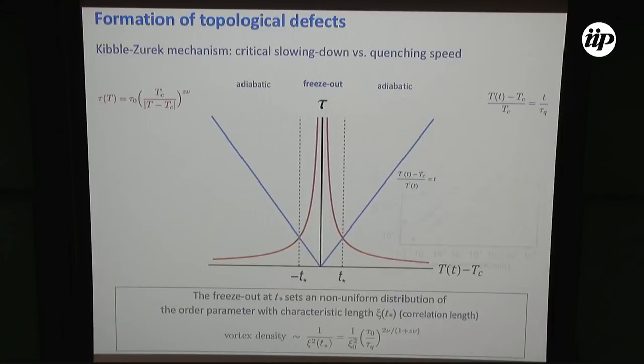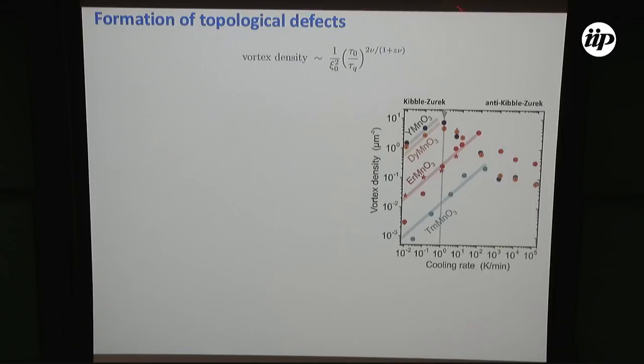Then what we expect is a scaling law according to this formula, in which we have the critical exponents nu for the correlation length and z for the dynamical critical exponent, and tau is related to the cooling rate. Tau naught and xi naught are microscopic parameters. So this can explain this type of scaling.